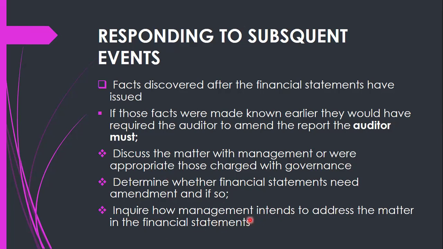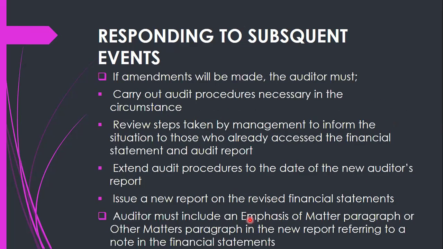So for this one, this is where financial statements have been released, all right? But there are certain facts which the auditor has come across, which if the auditor had known prior to those financial statements being released, could have led to a change or amendment in the report, right?